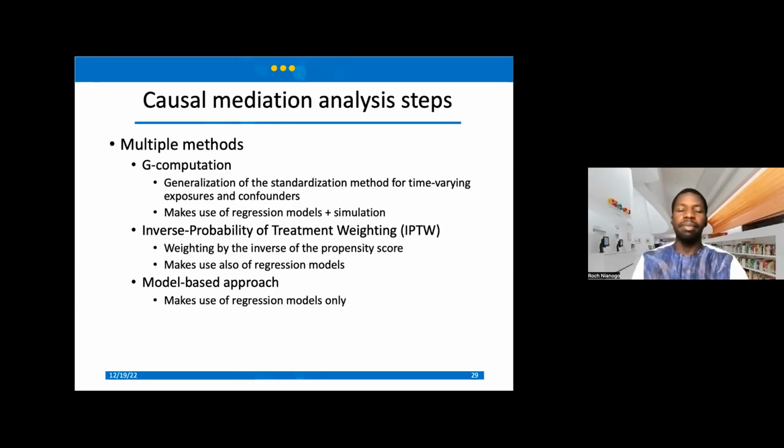So there are many methods. There is not one method to be used to implement and estimate indirect effects. One of them that I really like is called the G computation. But again, G computation is nothing more than standardization, just standardization extended to time-varying exposures and factors.